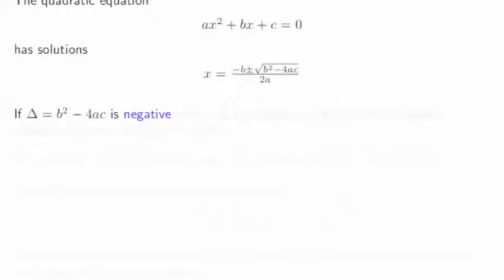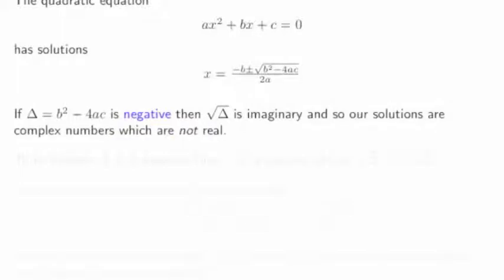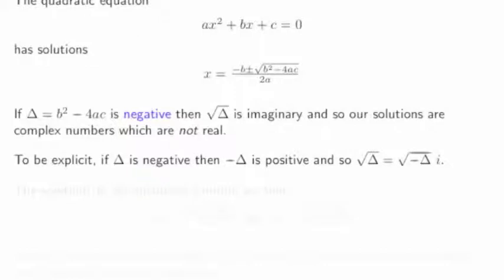If that's true, then the square root of delta is purely imaginary, and so our solutions are going to be complex numbers which are not real numbers. To be explicit, if delta is negative, then minus delta is positive, and so the square root of delta is the same as the square root of minus delta, that real number, times i.